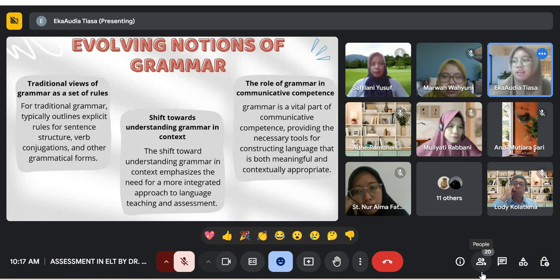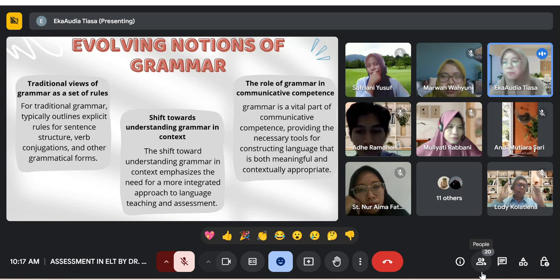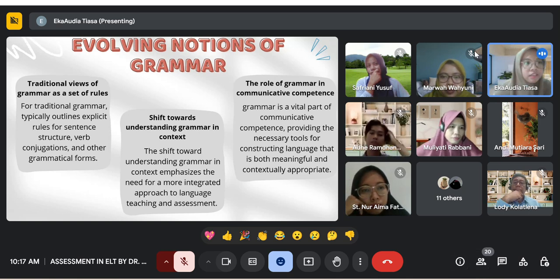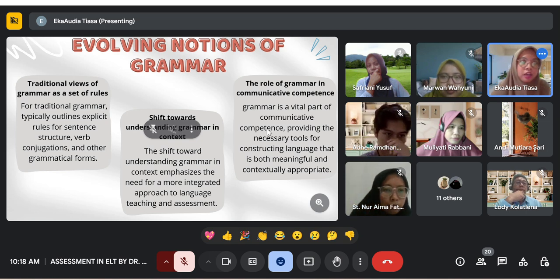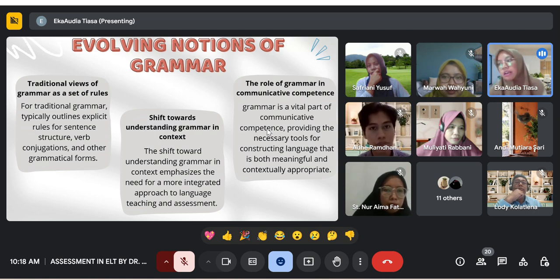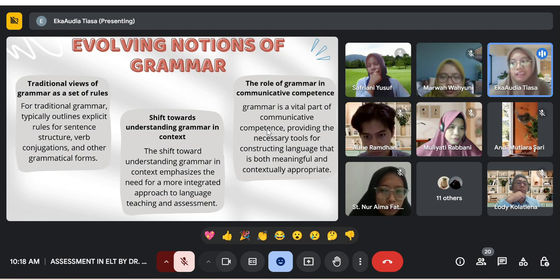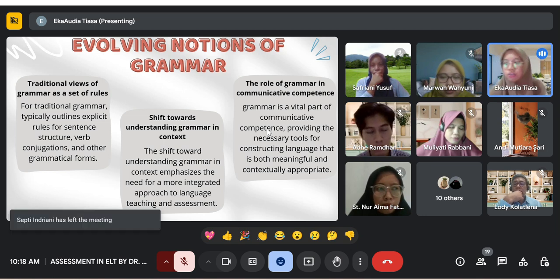The next subtopic is about the evolving notions of grammar. First is the traditional view of grammar as a set of rules. Historically, traditional views have treated grammar as a collection of prescriptive rules that dictate the structure and usage of languages.